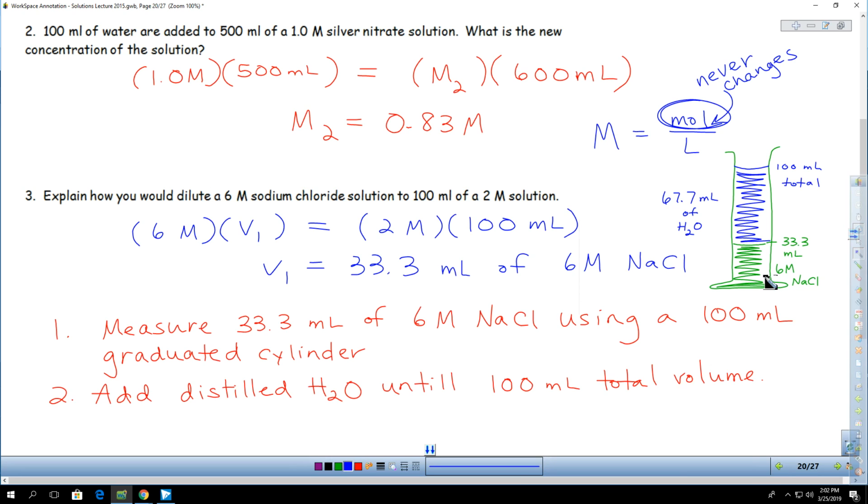I just don't usually go out of my way to measure 66.7. I just use a graduated cylinder that I know has a marking for my final volume, and I try to use a graduated cylinder that is as detailed as possible so I can get the 1/10 of a milliliter measured. I measure the first solution precisely and then just squirt water in until I get my final desired volume.